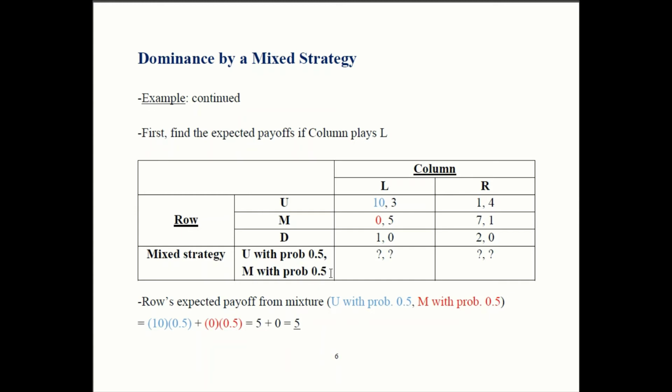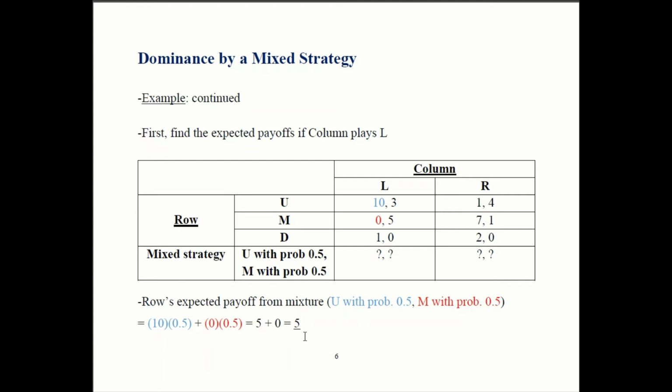Now if we're playing middle and Colin is playing left, our payoff is going to be 0. So you have 0 times 0.5. Let's finish up what that expected value is. 10 times 0.5 is 5. We also get 0 times 0.5, but that's just 0. 5 plus 0 is 5.